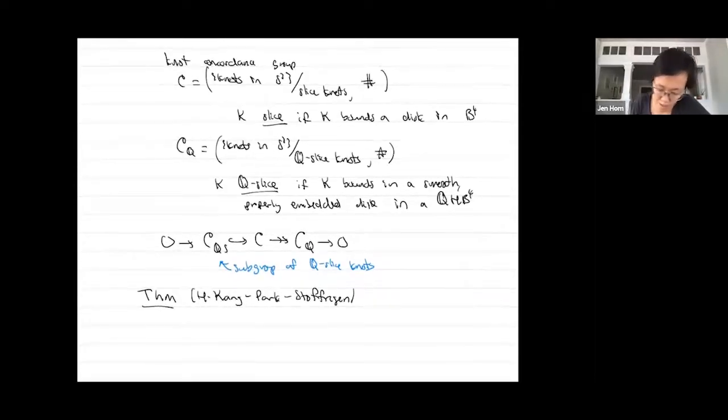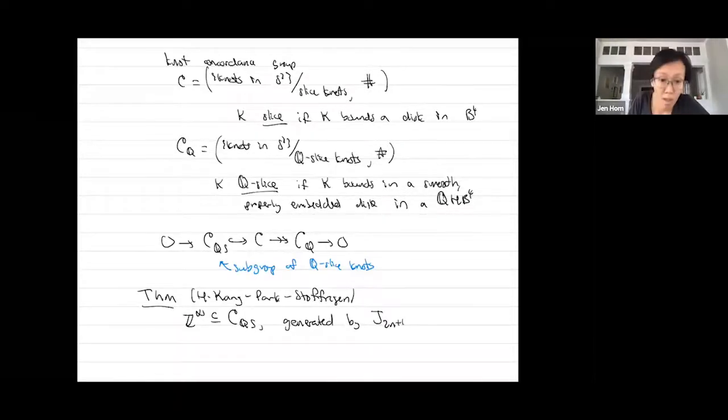This subgroup of rationally sliced knots contains an infinite rank subgroup. And I can tell you what it's generated by. It's generated by some pretty simple knots: the 2n plus 1, comma 1 cables of the figure 8.